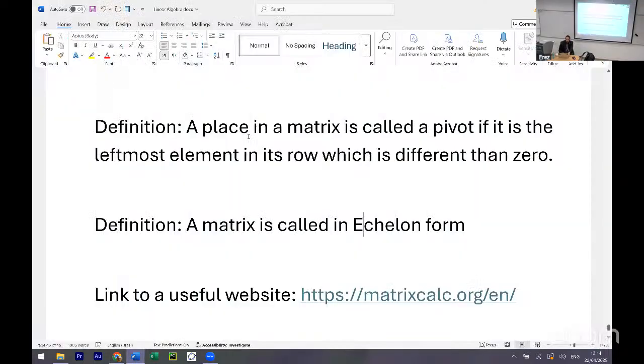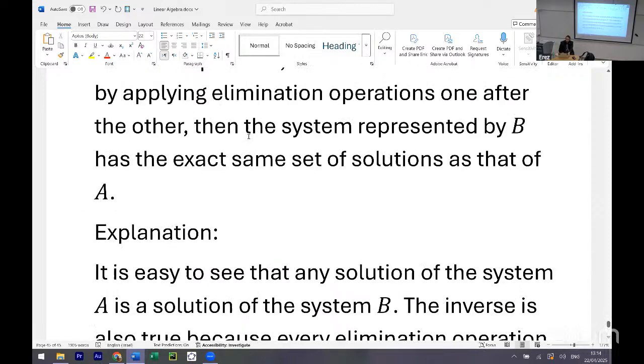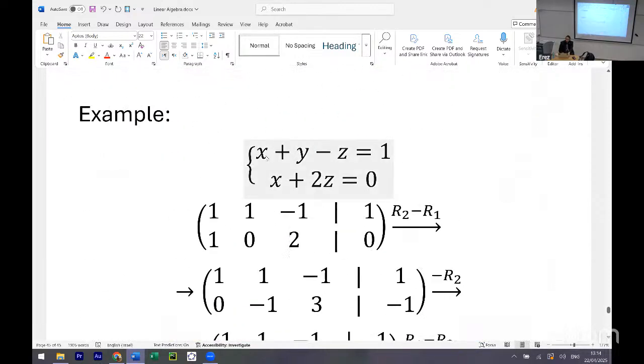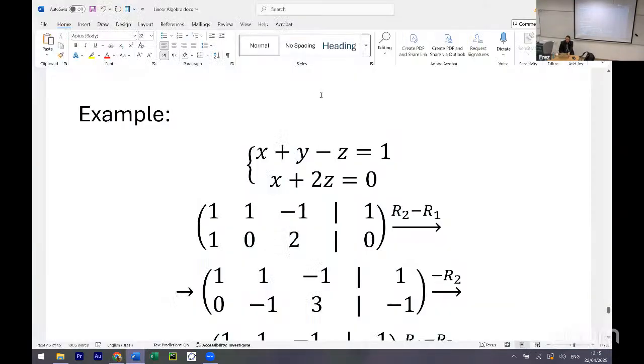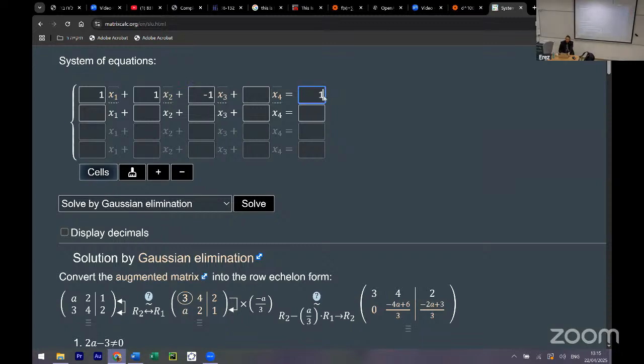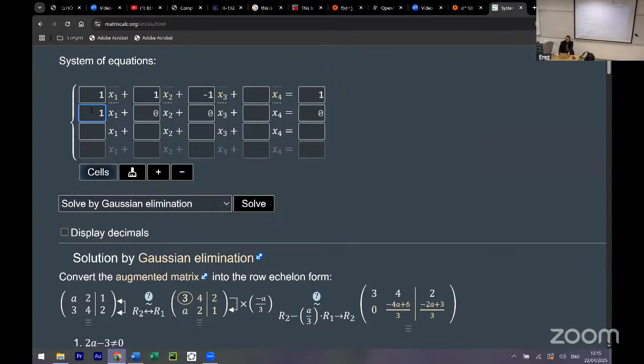Let's look at an example we did and let it solve it. So let's look at this example. 1 times x1 plus 1 times x2, which we called y, and minus 1 here equals 1. That's the first equation. The second equation is 1, 0, 2, 0, right? Yes. And I will tell it solve.